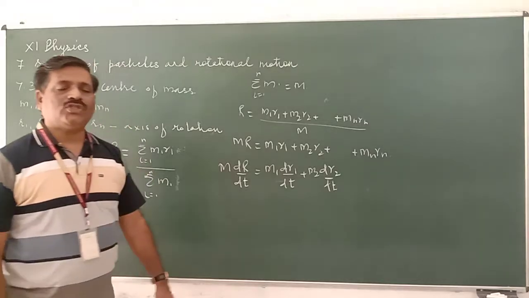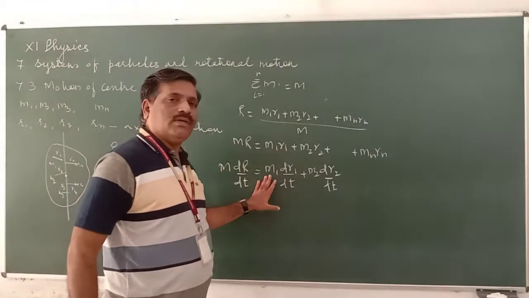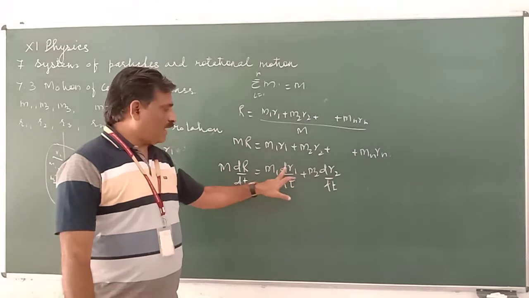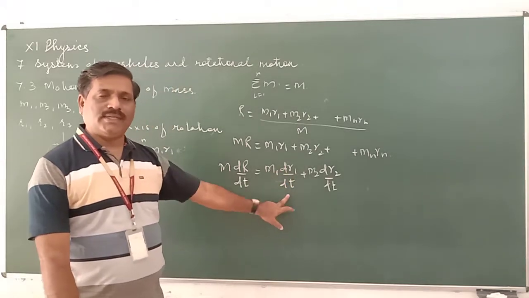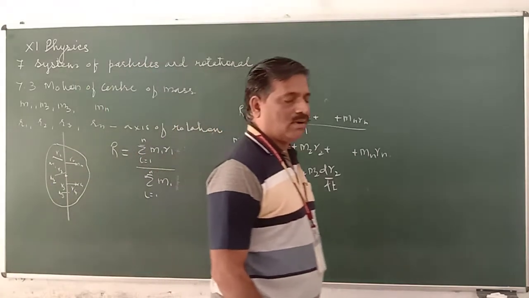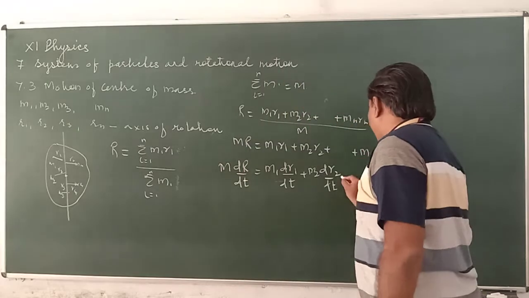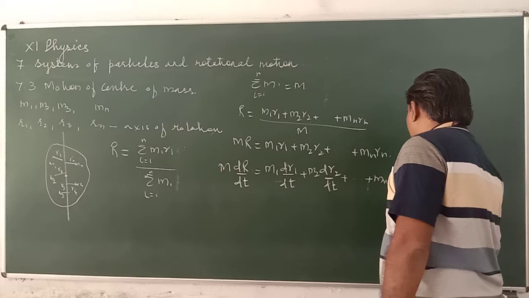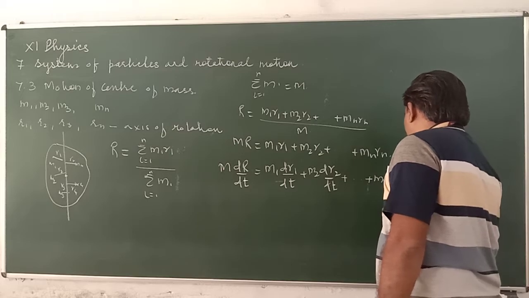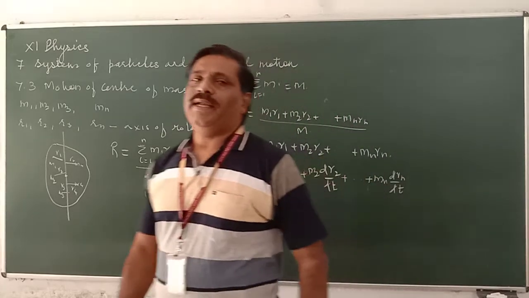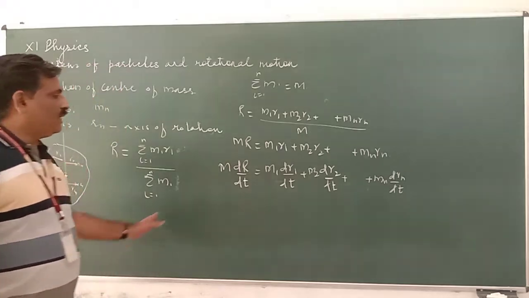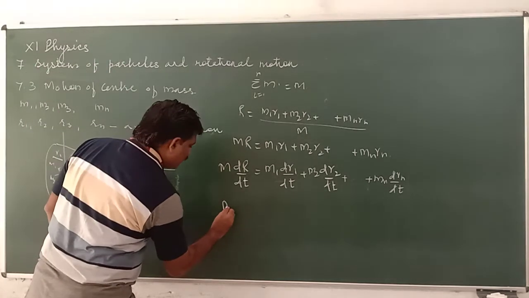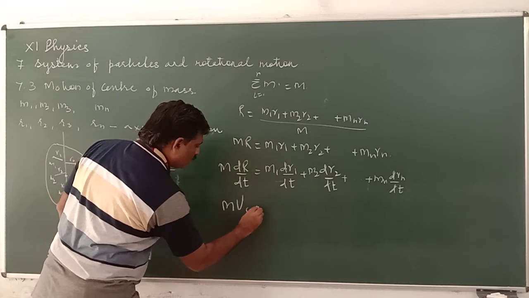M is constant, so it does not change, so we do not differentiate it. r1 is changing, so dr1 by dt is the derivative. In the same way we write mn drn by dt. We go on differentiating, and dR by dt is nothing but the velocity of center of mass.